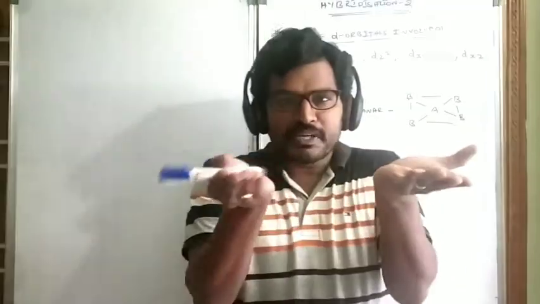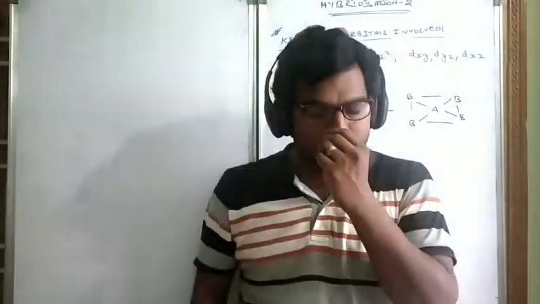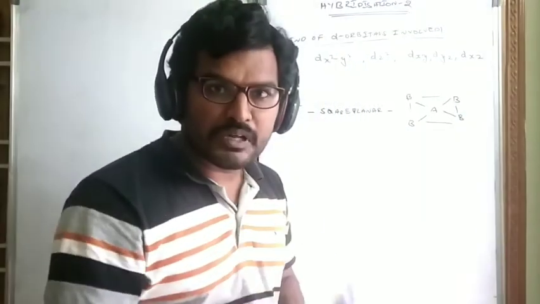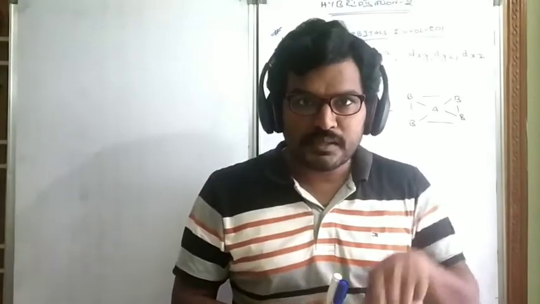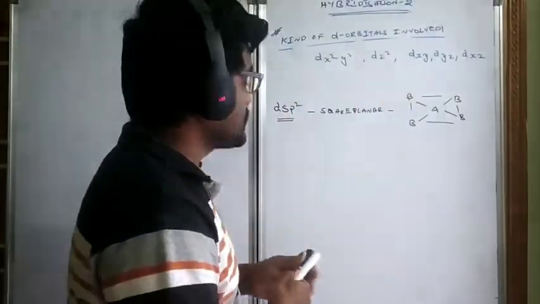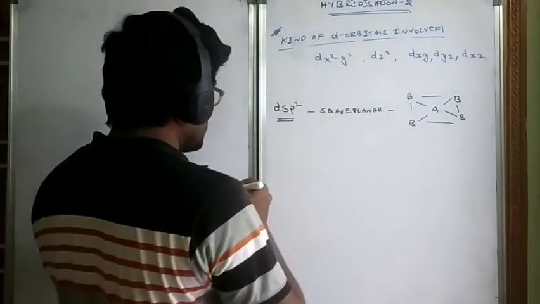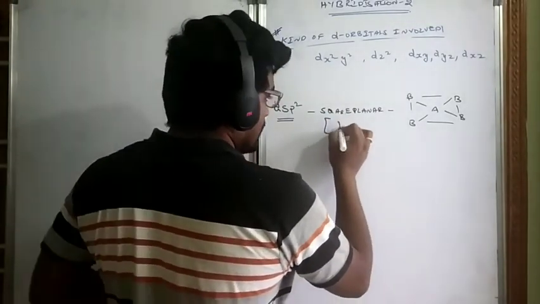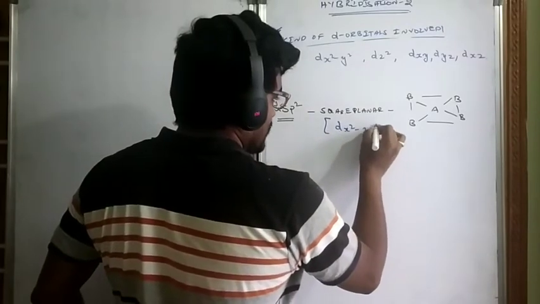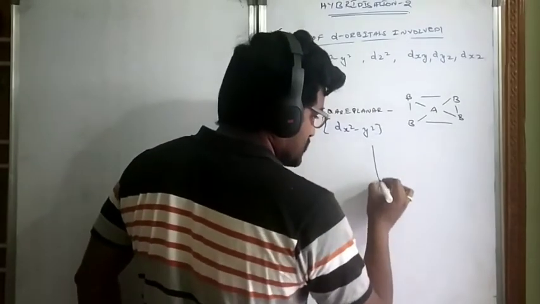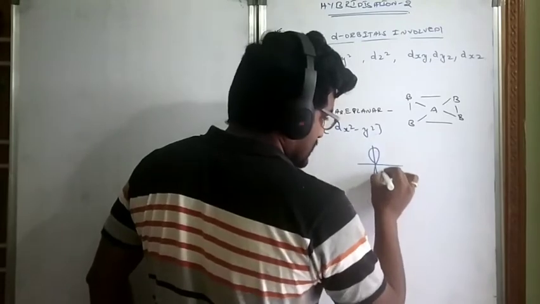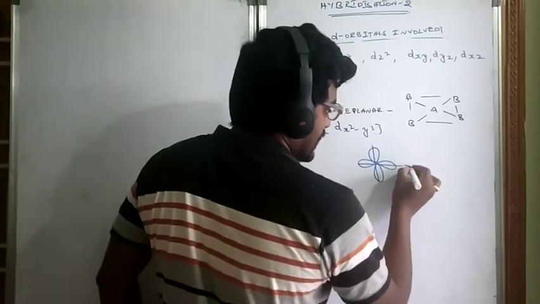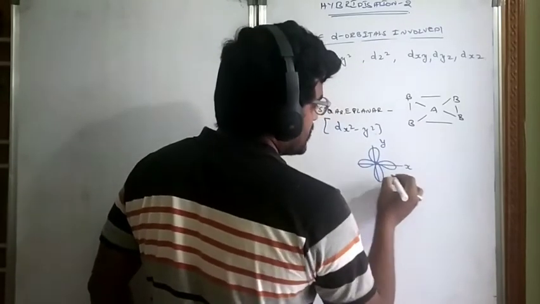Since they are present in the four corners of a square, you know very well which orbital lies along the axes: dx square minus y square. The shape of dx square minus y square has lobes along the x-axis and along the y-axis.